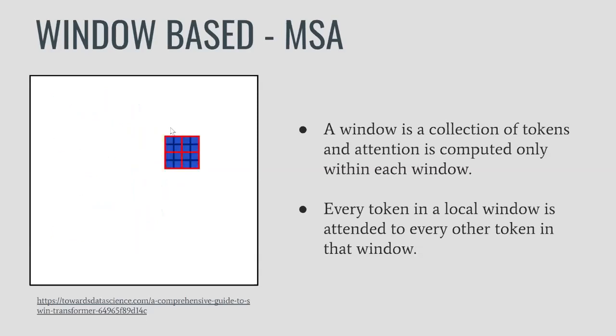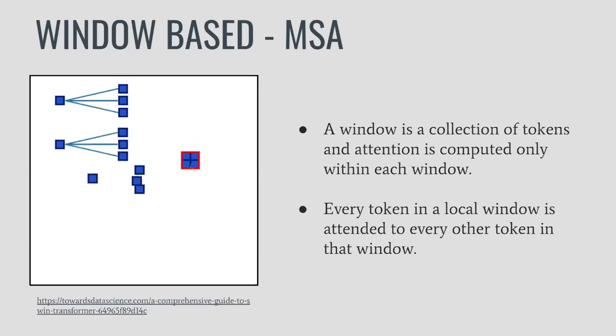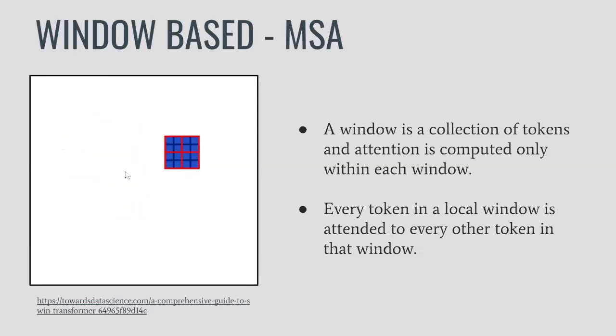For example, this illustration below uses a window of size 2 cross 2 patches, and window-based MSA computes attention only within each window. Now this window is having computation with respect to just these patches.